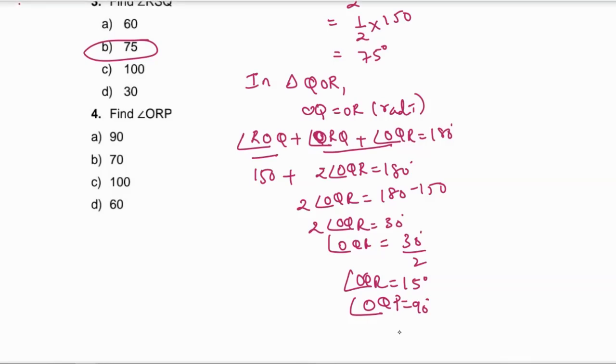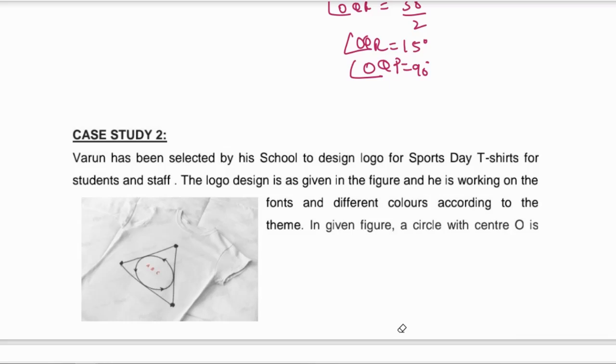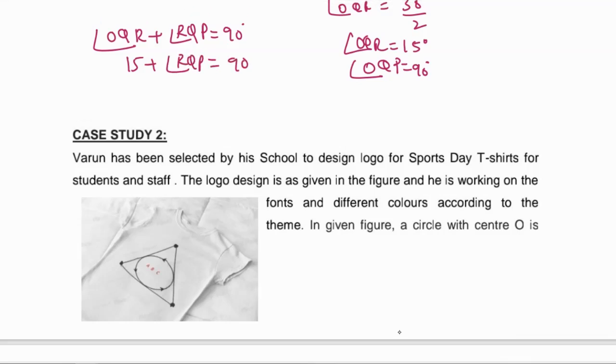Now add these two to get the angle of R. We know that angle OQR plus RQP is equal to 90 degrees. So if you take this as 15, 15 plus RQP equals 90.